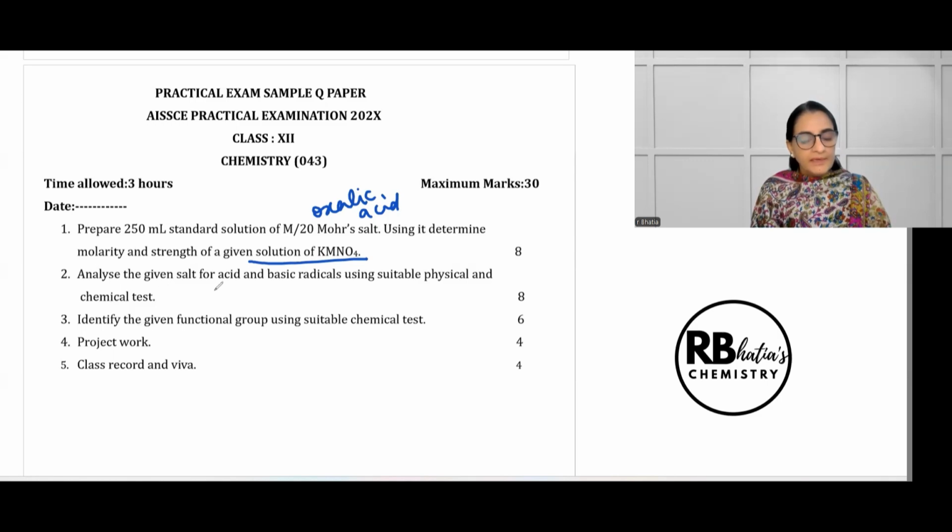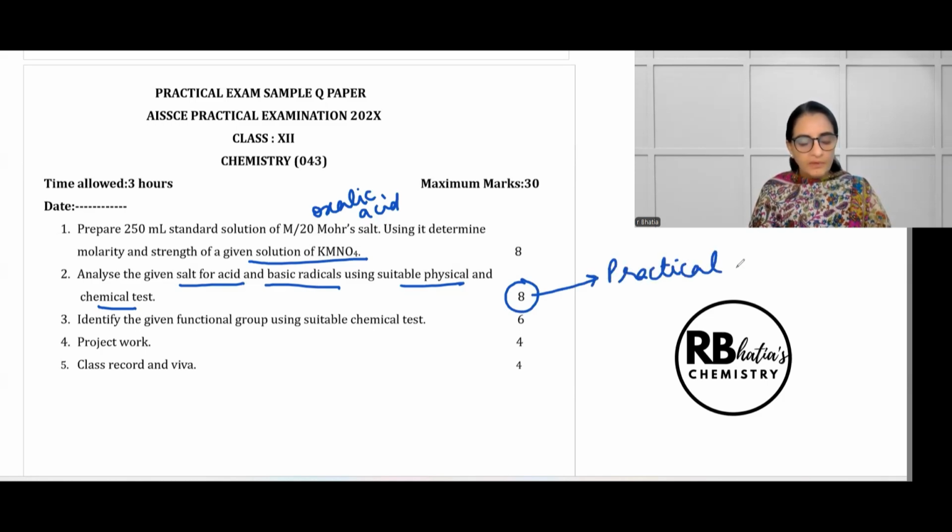Okay. Next is: analyze the given salt for acid and basic radicals using suitable physical and chemical tests. So this is going to be analysis of the salt. Total 8 marks. The 8 marks, children, are divided into practical part. Practical means identification of the salt, and then there will be marks for the written part.